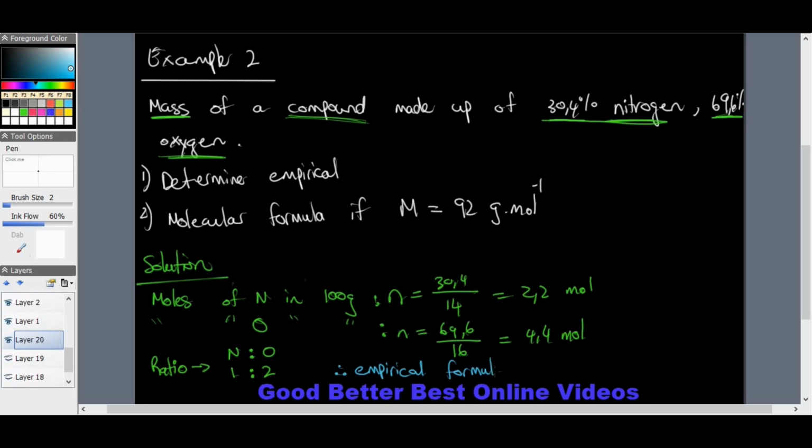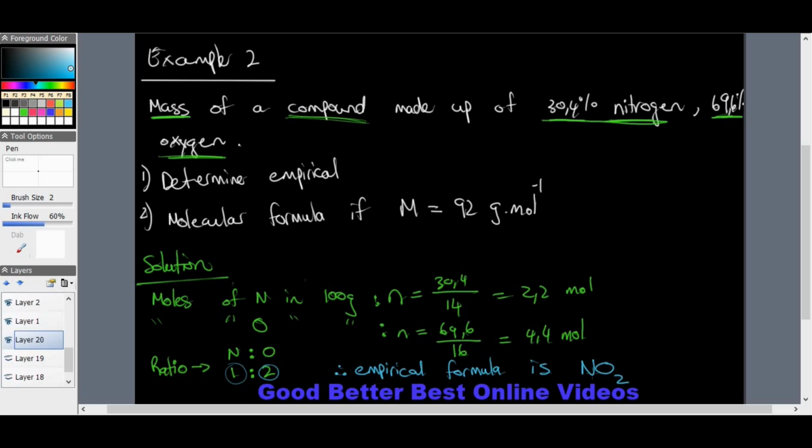Therefore, the empirical formula for question number 1, the empirical formula of the compound, is N for nitrogen, which is 1, O for oxygen, and that's 2, so NO2, which obviously looks like nitrogen dioxide.